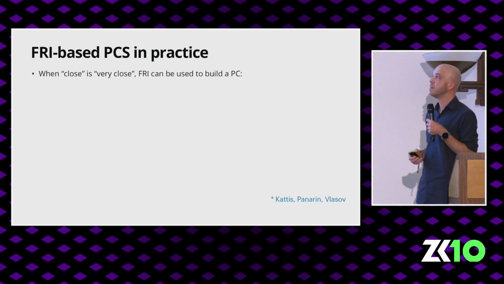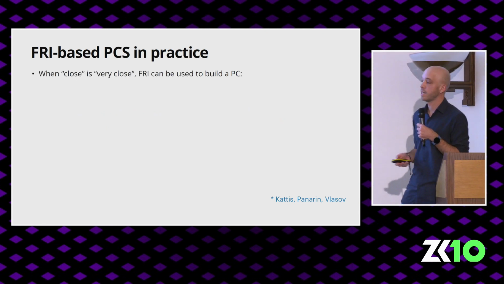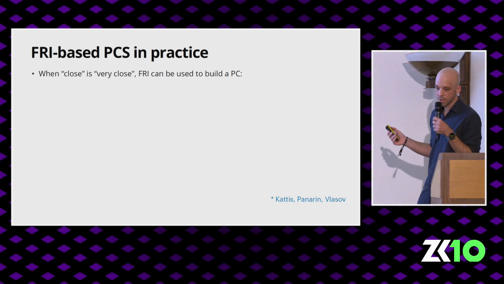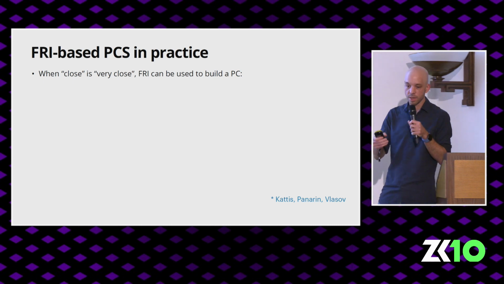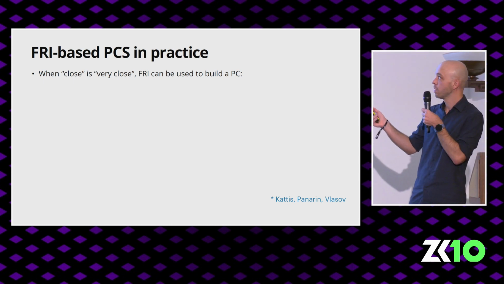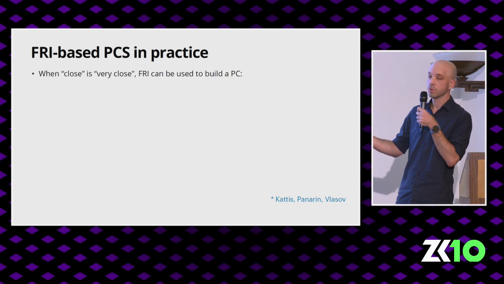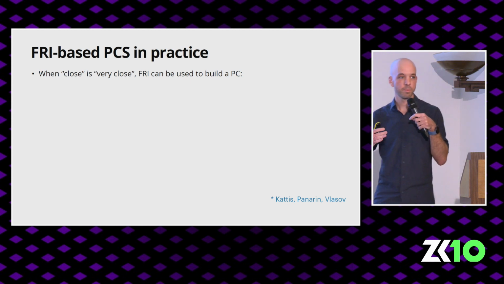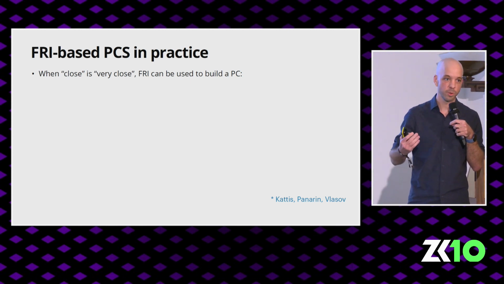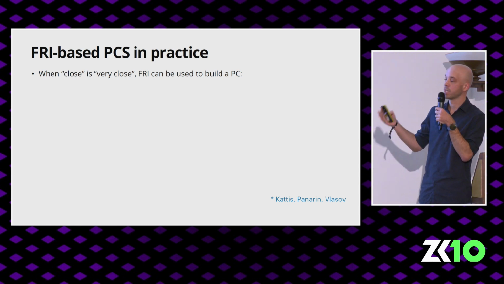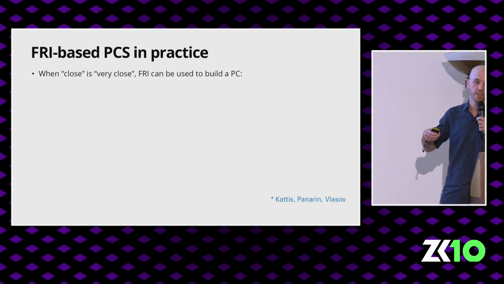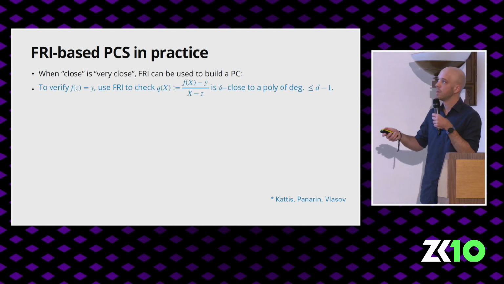Okay, and about using FRI as a polynomial commitment scheme. I mentioned at the beginning of the talk that this is a problem, and I'll try to explain why now. Recall that FRI proves that a map is close to a low-degree polynomial. When close is very close, then you can prove that you can use it as a PCS, a polynomial commitment scheme.